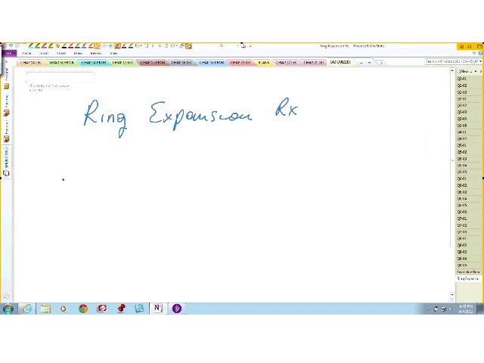Say you have a 5-member cyclic ketone, and you want to go to a 6-member cyclic ketone, this is cyclohexanone.